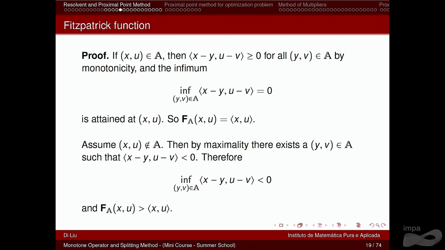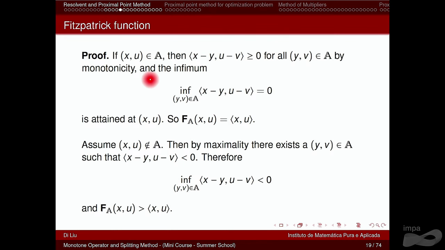We have two cases. First, we assume (x,u) belongs to A. Because A is monotone, for any (y,v) we have this is greater than or equal to 0, because both the pair (x,u) and the pair (y,v) belong to A, and it reaches its minimum at the point (x,u), when (y,v) is just equal to (x,u).